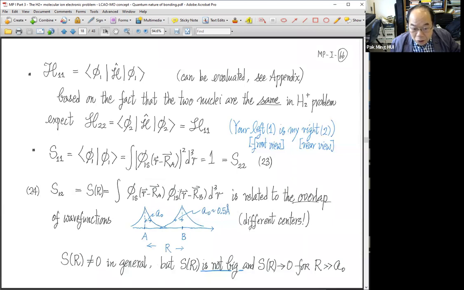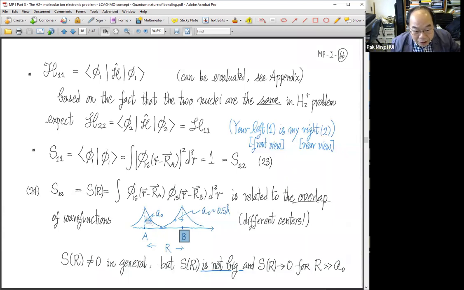Then, what is 2? Now, 2 is a 1s, all right, but it is a different center, centered at B. Okay? In a pictorial way, it is the following. I have a left center, left hydrogen. You may think about that as such. Right hydrogen, each has a ground state that is exponentially decaying.